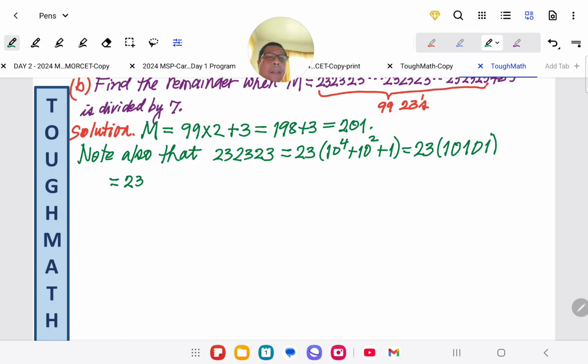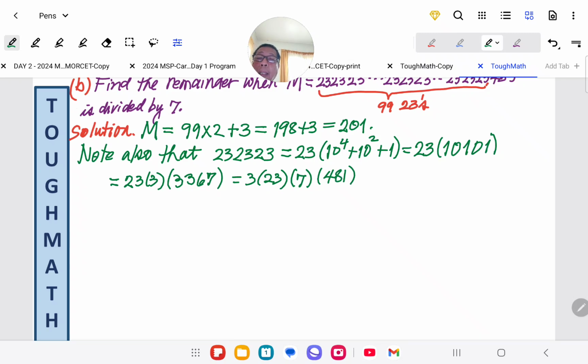It's very obvious that the number 10101 is divisible by 3. So we have the factor 3, and when we do it, we have 3,367, and then we have 23. 3367 is divisible by 7, so we have 481.